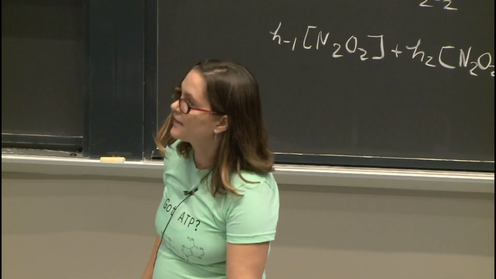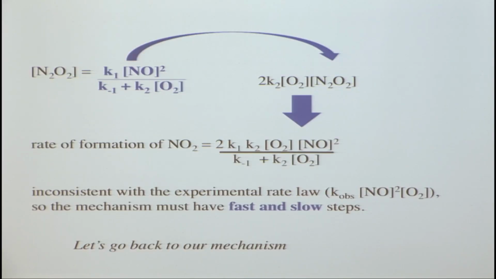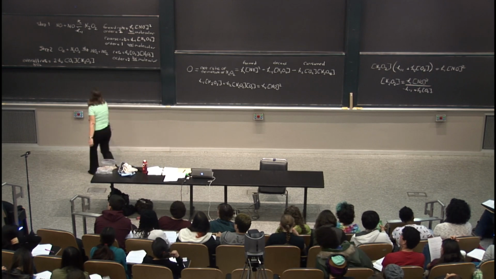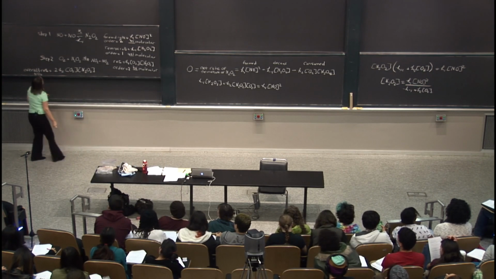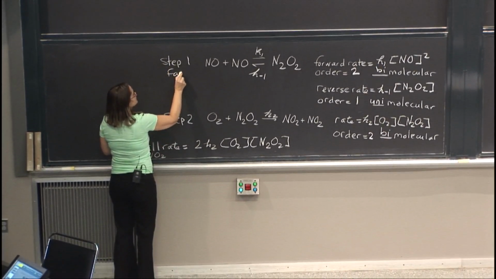So let's go back now and think about our mechanism. And so if we come over here, let's say that the first step, just bring this down again. Let's say the first step is fast.